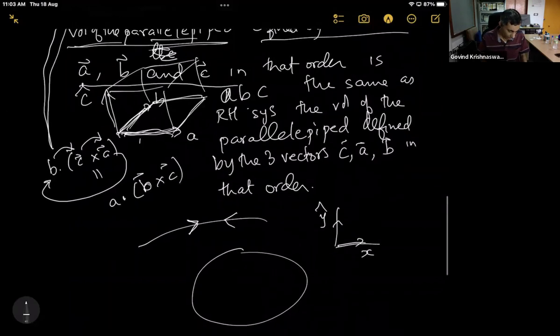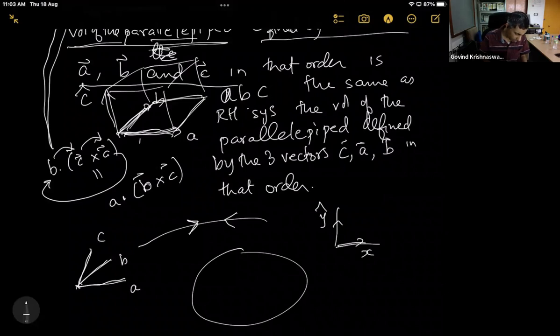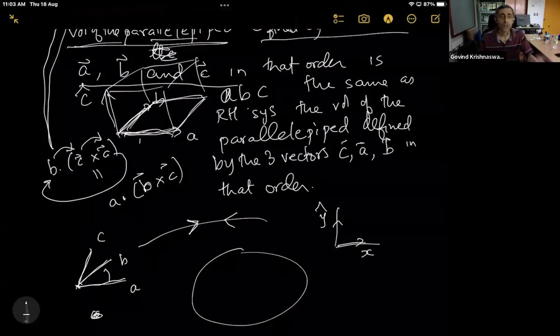If you like, I am going to define the volume of a parallelepiped specified by these 3 vectors A, B, and C, where they go in this order, A, B followed by C, to be positive. Whereas if I reverse A and B, you will get a negative answer.